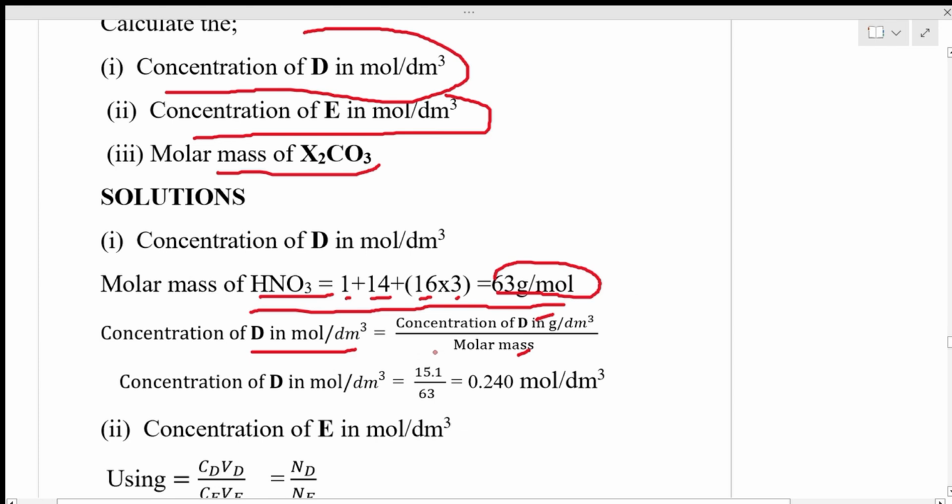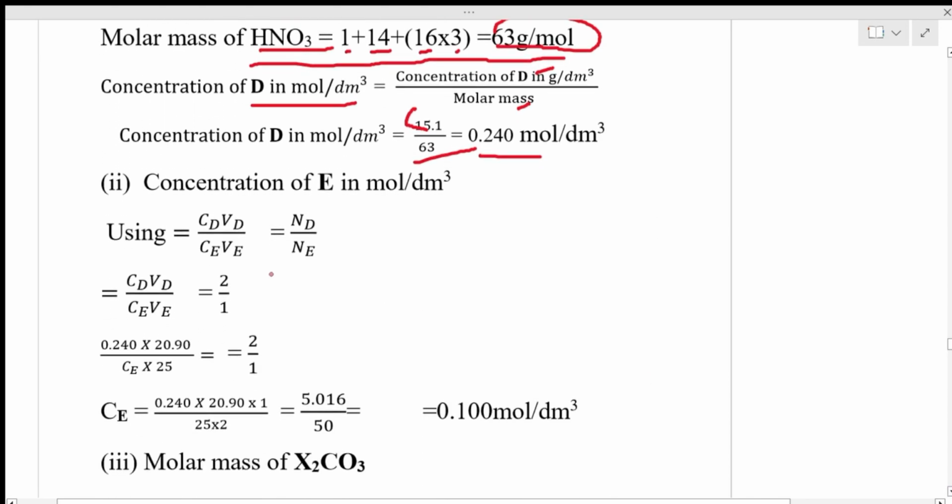So let's substitute the value. The value for D is 15.1. We divide by 63. So we have 0.24 mole per dm³. Now for conc of E in mole per dm³, since we have the value of D in mole per dm³, we can use CdVd over CeVe equals nD over nE.